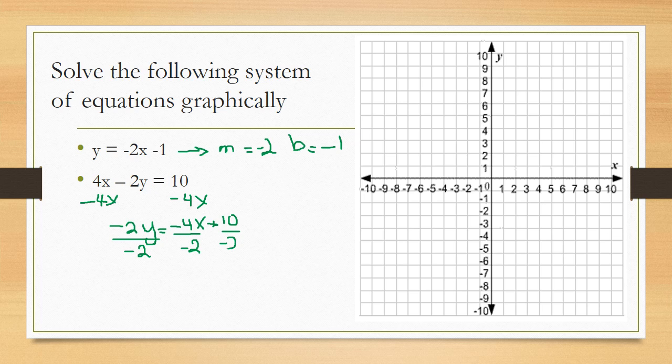So I'm going to end up with y equals negative 4 over negative 2, that's 2x, and 10 divided by negative 2 is negative 5. So now this equation is in the slope y-intercept form. M, or the slope, equals 2, and b, the y-intercept, is negative 5.